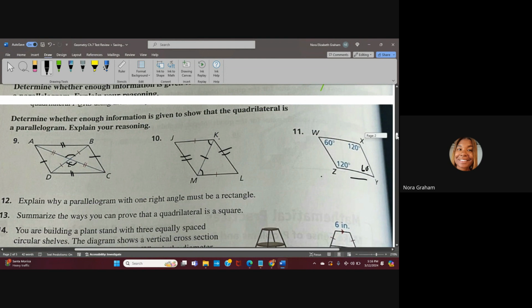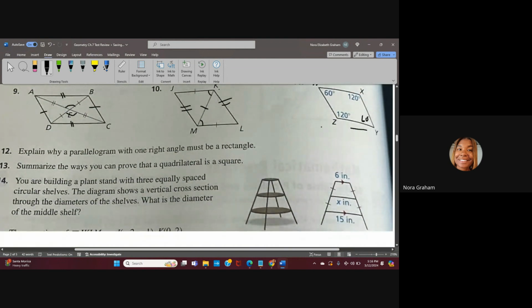All right, for 12, I'll try to walk through 12 and 13 as fast as possible because I'm running out of time. Explain why a parallelogram with one right angle must be a rectangle. If it has one right angle, all the rest of the angles have to be right angles as well, because all the interior angles have to add up to 360.